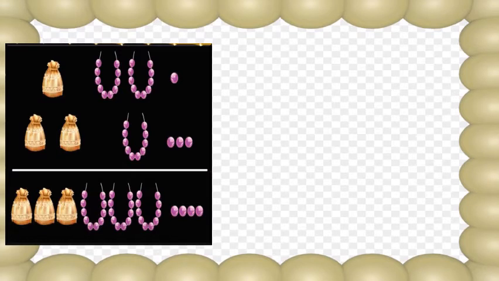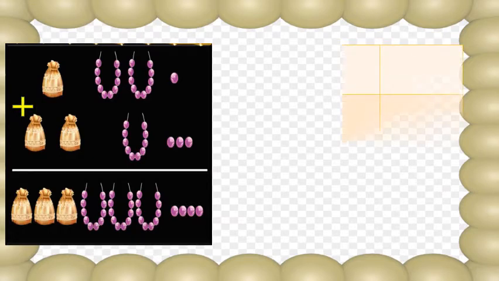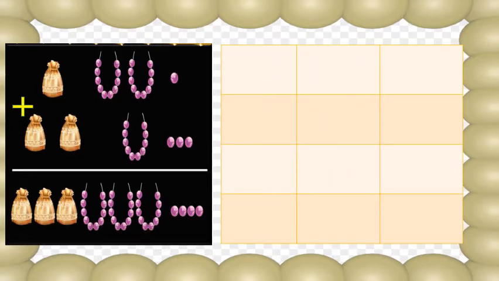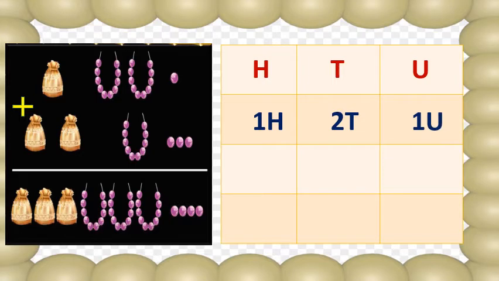Now students, same picture I have taken here. Correct? We know the total also here. Now we will write this in the table. See, this is a table. Here I will write unit place, tens place and hundreds place. Okay. Now in the first row, how many 100 is there? 100, because 100 bead purse is there, and tens, 2 tens, and units how many are there? 1 unit. 1 U means unit. Okay.